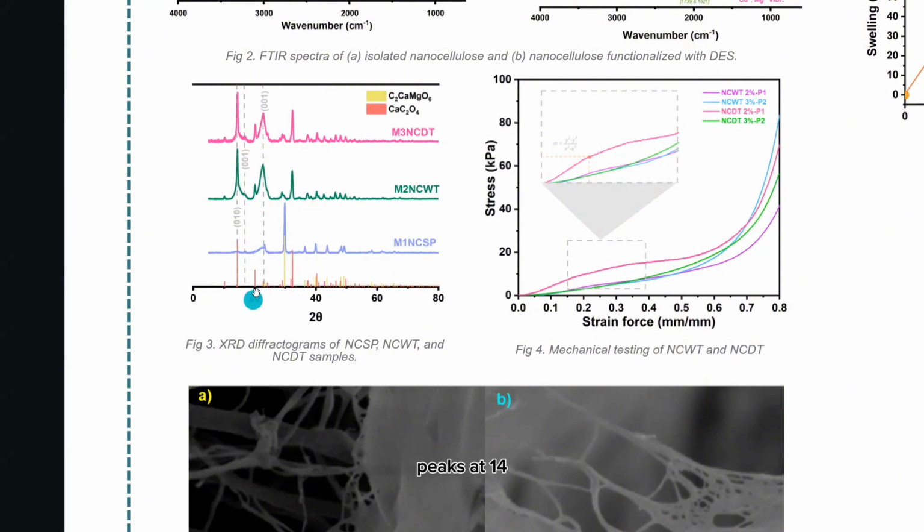Peaks at 14, 16, and 22 degrees indicate specific planes related to these cellulose phases. Moreover, in the later stages, we identified compounds such as calcium oxalate and some magnesium ions. Their formation during this functionalization positively influenced the mechanical properties of the material, as shown by improved mechanical tests.